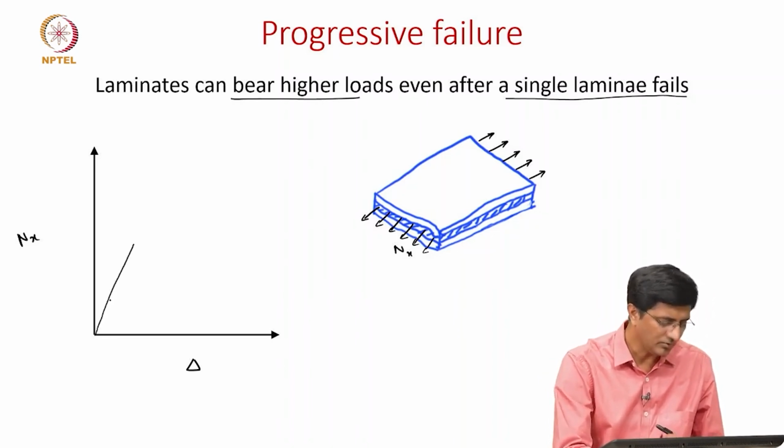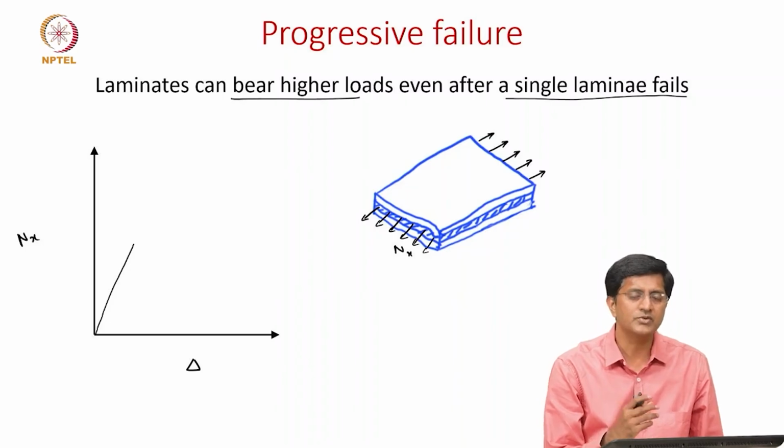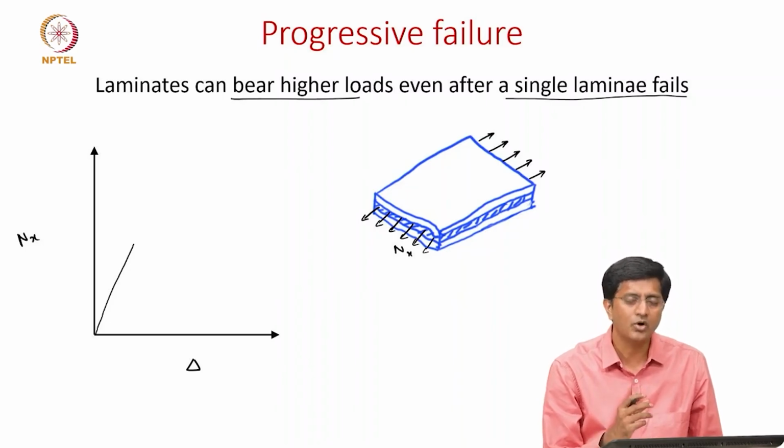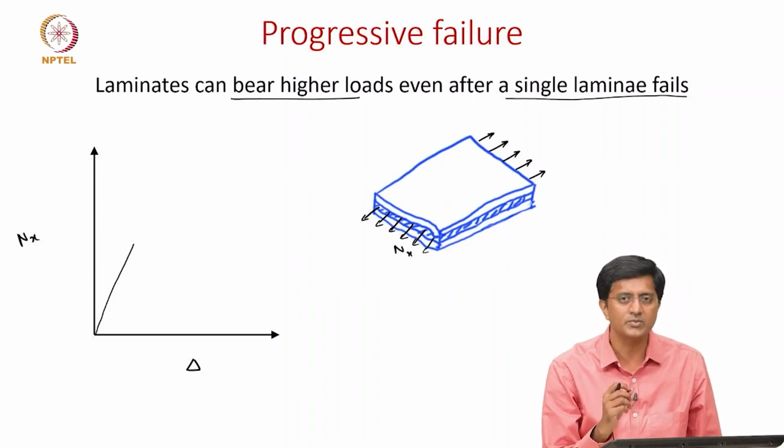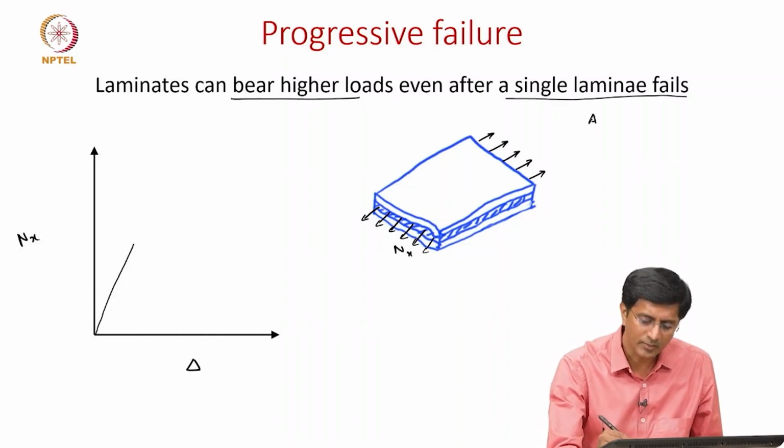The slope of this curve comes from the stiffness of the laminate. So how do we define the stiffness? We can define it using ABD matrices. The ABD matrices define the stiffness of the laminate.